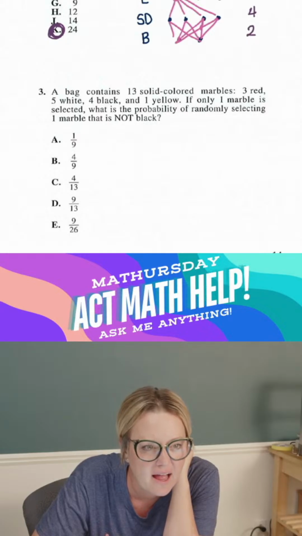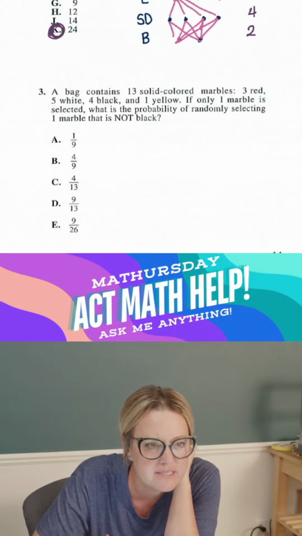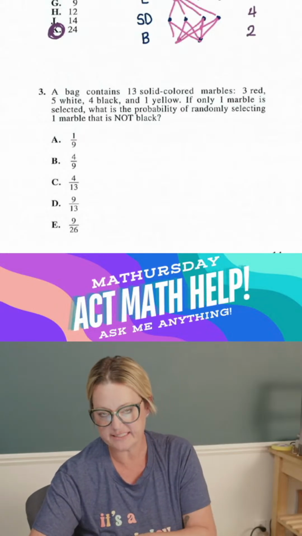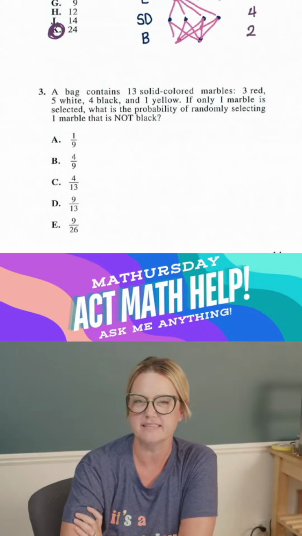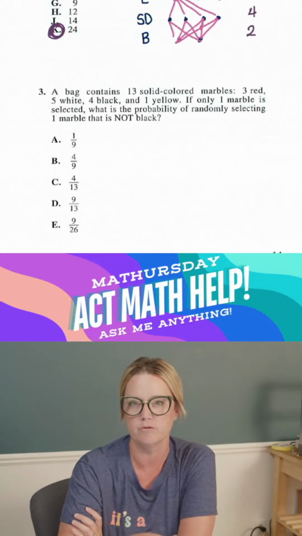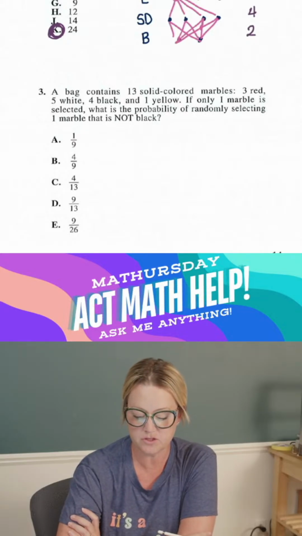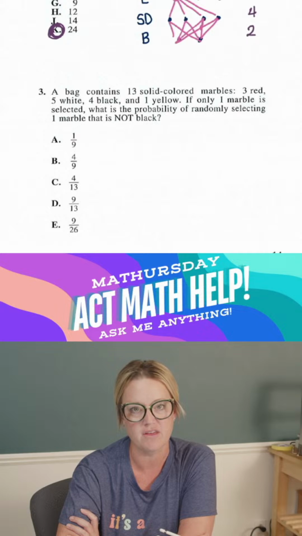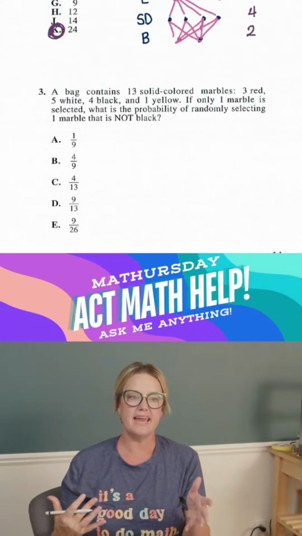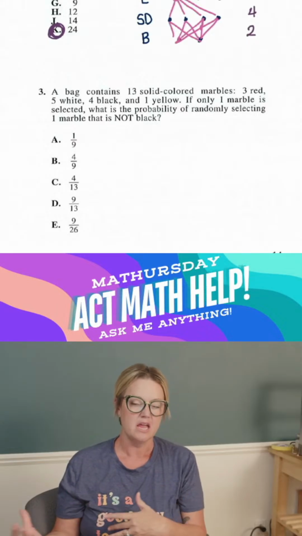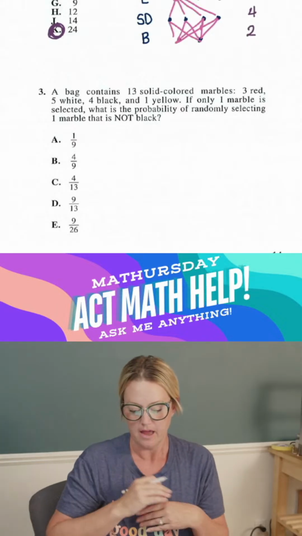So Talia on YouTube says the prerequisite is basic probability knowledge to solve this. Yes. The ACT and the SAT are standardized placement exams that most students in the United States take before they go to college. So the vast majority of the content on these exams is pre-algebra, algebra 1, geometry, kind of early high school.